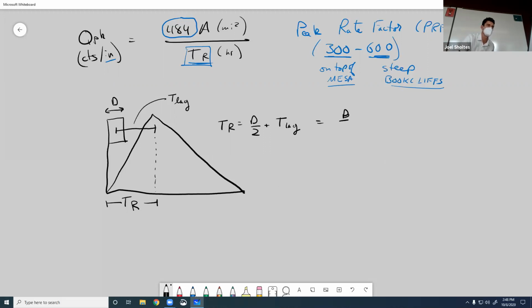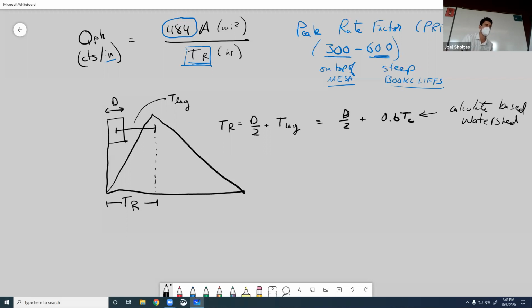So our time to rise is D over 2 plus 0.6 times our time of concentration. And we can calculate this based on our watershed properties, right? And that's what we did for that exercise. That's where Dylan had 18 hours or something like that, and that felt a little high. And StreamStats does its own calculation, which is a little bit different.